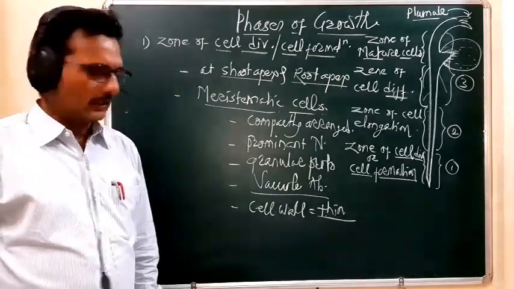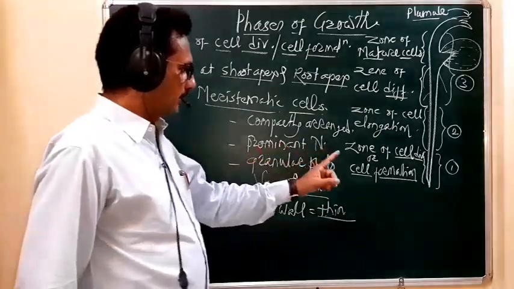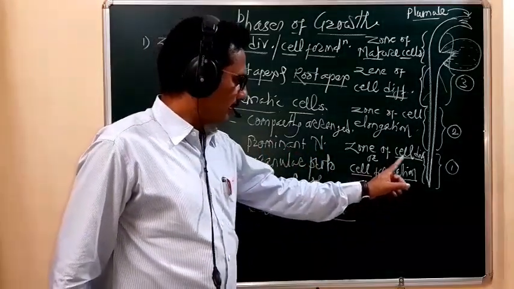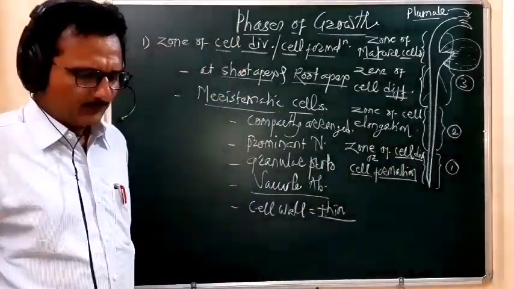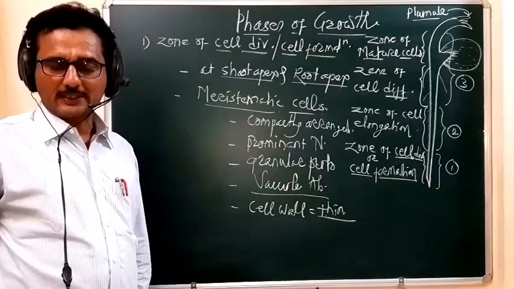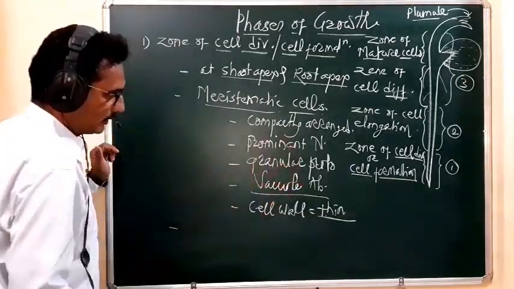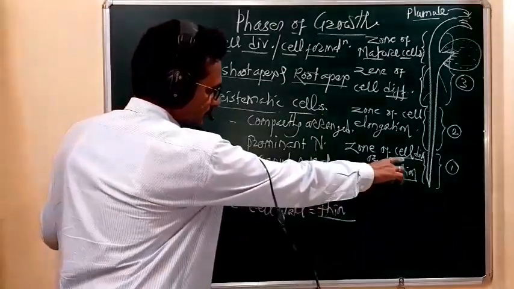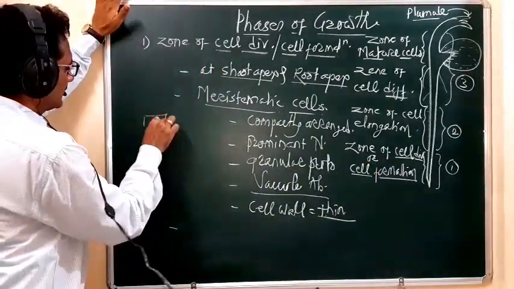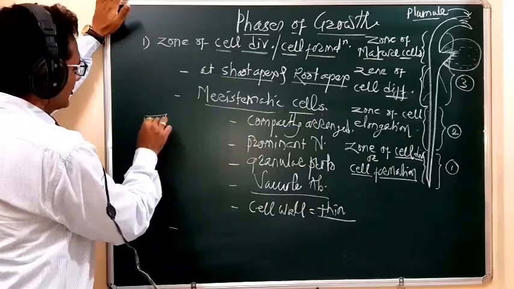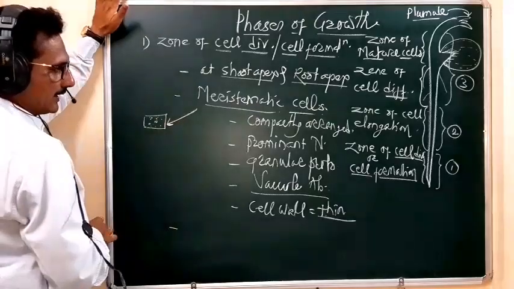So remember, at this region there is continuous cell formation and cell division. So actually, what happens? These cells are meristematic, the cells situated at the root apex. Suppose this is the cell, and this is a meristematic cell.